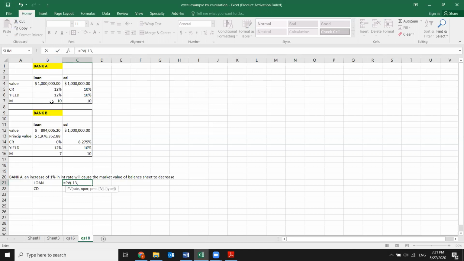And the number of years is 10. The coupon payment is 12% times face value, which is 1,000. And the face value is the same, by the way, because when the coupon rate and the yield are the same, the face value is equal to the bond value or the loan value. This is what you should keep in mind. And we close the brackets.